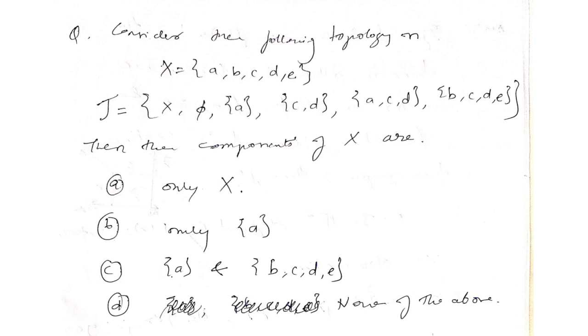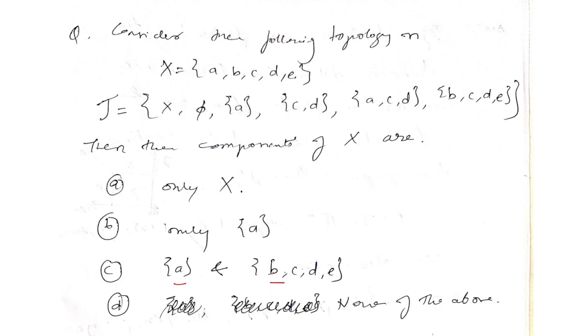You are saying every component is a largest connected set. Okay, so these both are the largest connected sets, right? Is there any other set which is largest connected that can form a component of X?